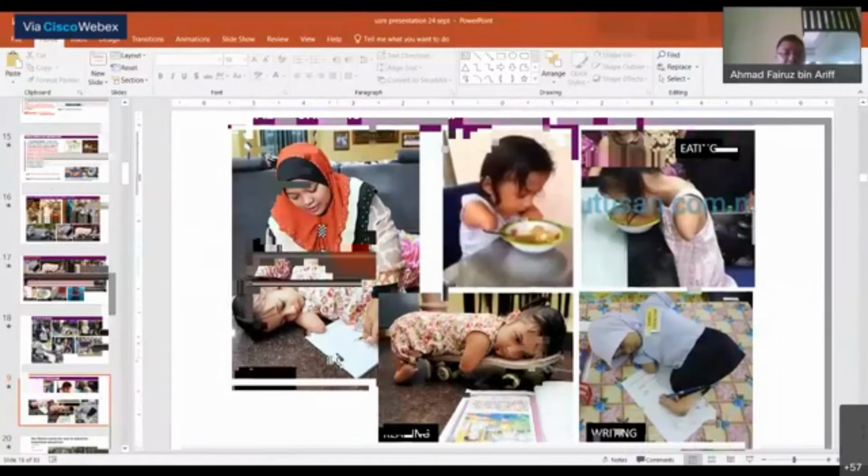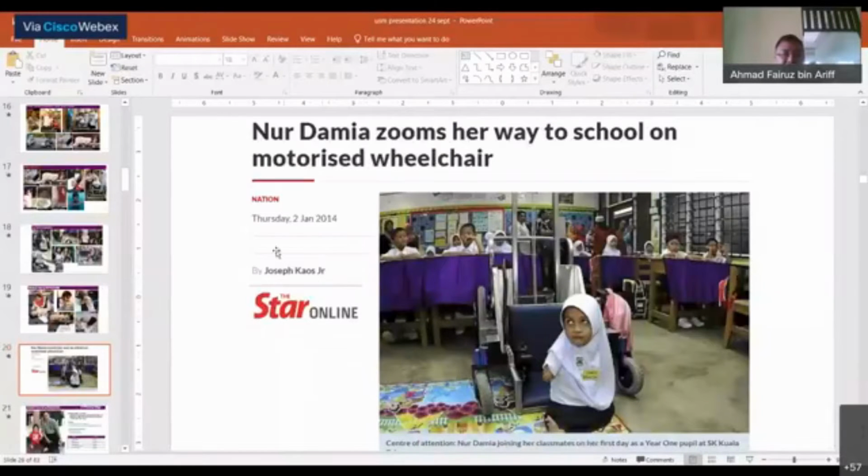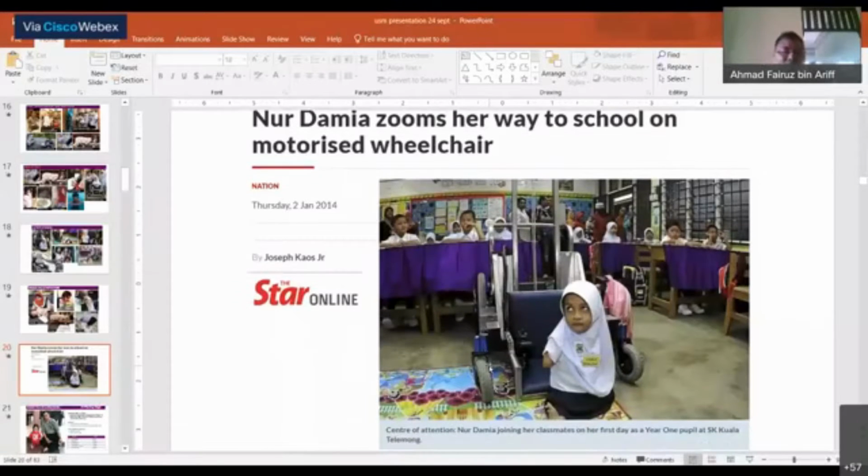And this is the proof, talking about the person with this previous wheelchair, which is very engineered, so that it didn't have the soul, I mean the aesthetic value.